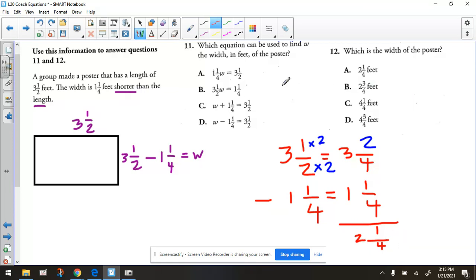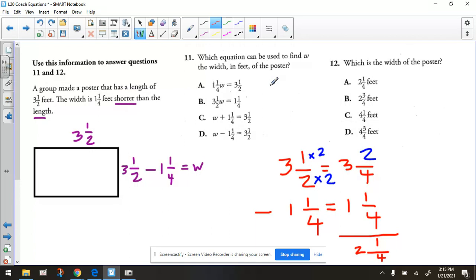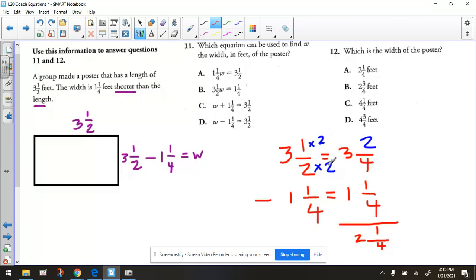Take a look. Now for number 11, what you're going to want to do here is ask yourself which one of these equations would also, if you were to solve for W, get this answer of 2 1/4. So in a case like this is talking about 1 1/4 times whatever the width is would equal 3 1/2. This one is saying 3 1/2 times the width will equal 1 1/4.